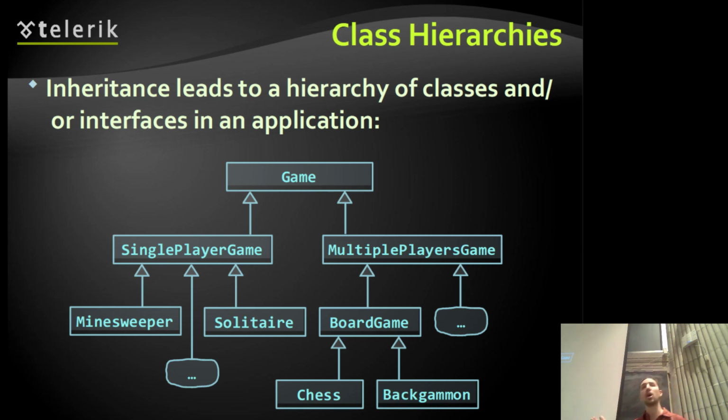Checkers is played on a checkerboard, which happens to be identical to a chessboard. So maybe we could have changed the way we did these levels of abstraction. In the case of a multiplayer game, there's going to be a winner and a loser. There's going to be a list of players. In single player games, either we won or we lost, but there's only a single player.